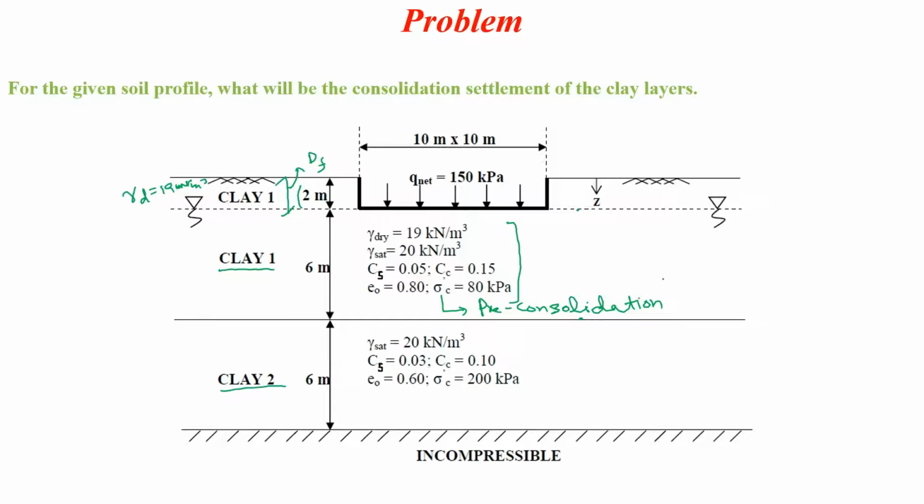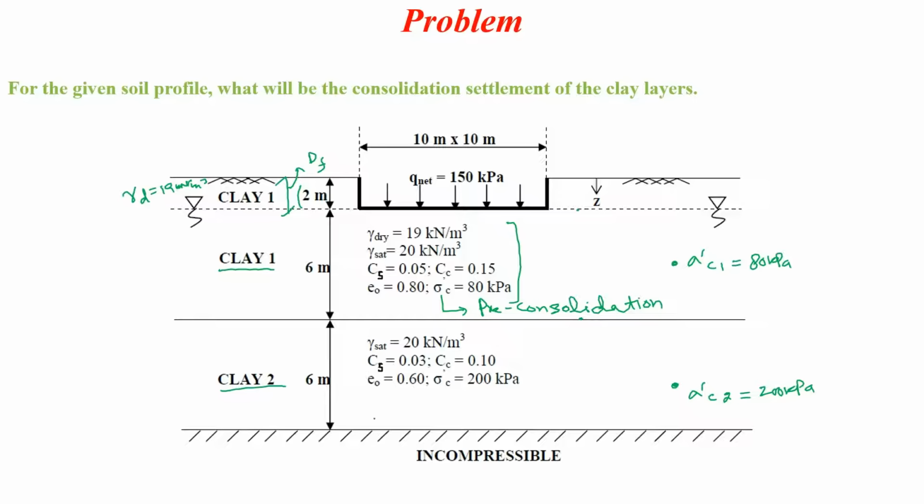Basically, at the middle of each layer, because we have two clay layers, we will determine the sigma dash c, or sigma prime c 1 and 2. This pre-consolidation pressure is given as 80 kilopascals for the first layer, and 200 kilopascals for the second layer.